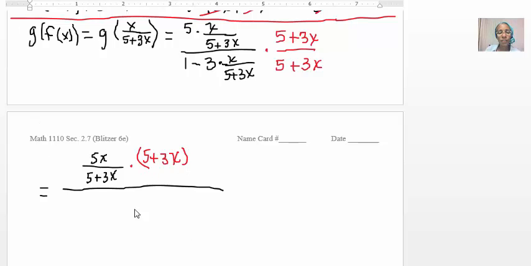And there's only one term in the numerator, so you only have to multiply that single term. I went ahead and multiplied 5 times x over 5 plus 3x. So in the denominator, each term there gets multiplied by 5 plus 3x.